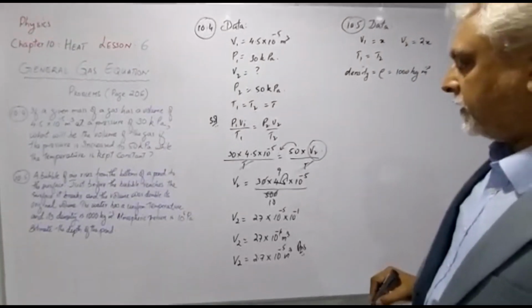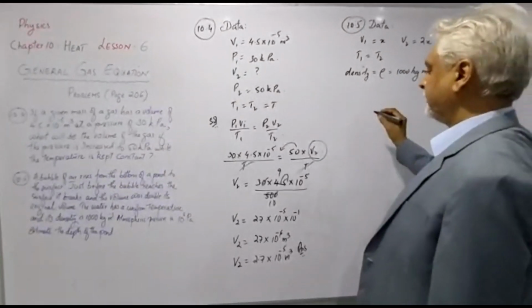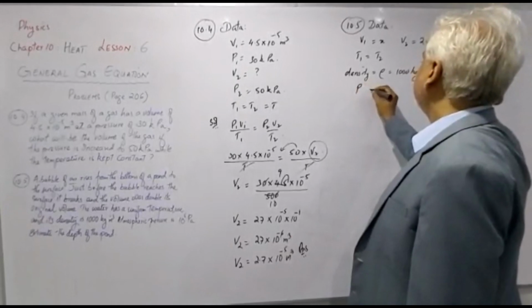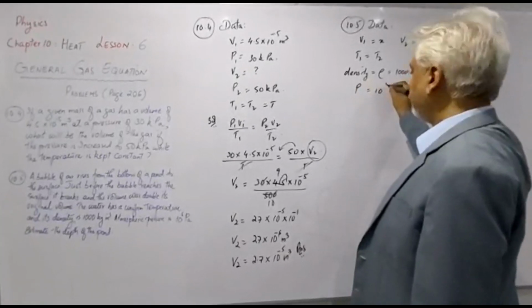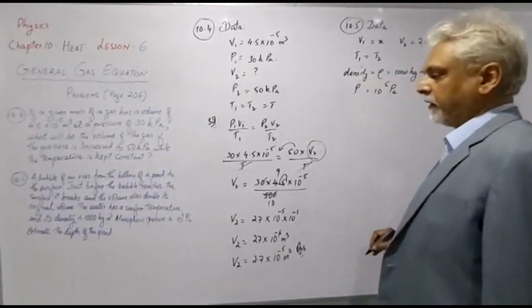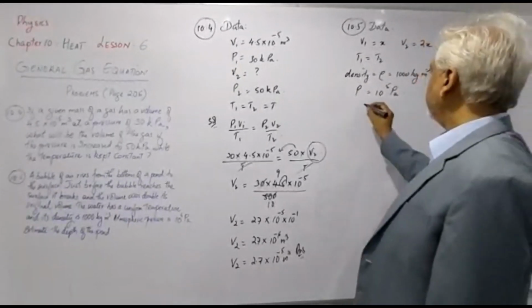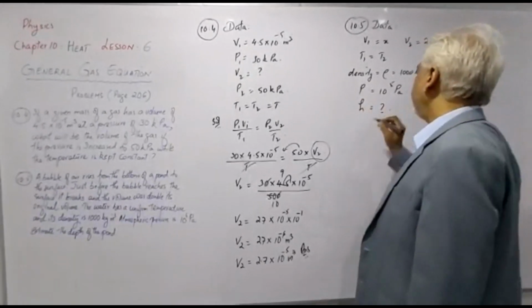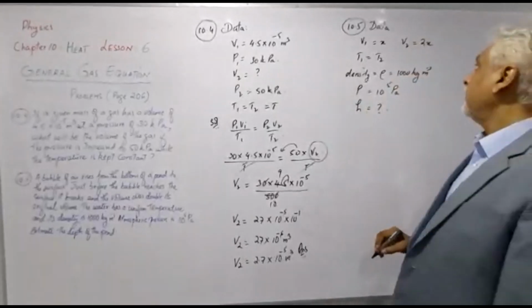The atmospheric pressure is 10 to the power of 5 pascal. Estimate the depth of the pond. You have to find the height, the depth of the pond, equal to how much.